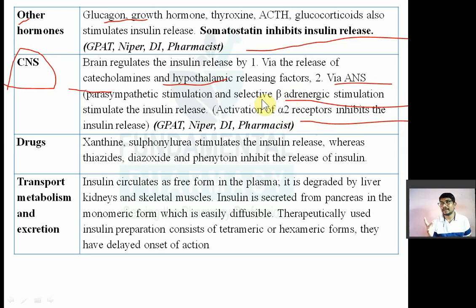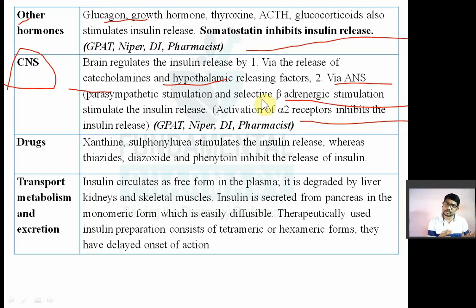Why? Because they are blocking the beta receptor, particularly non-selective beta blockers like propranolol, labetalol, etc. They will not only block the beta 1 receptor, they will also block the beta 2 receptor. Now this beta 2 receptor is present on the pancreas. Stimulation of the beta 2 receptor increases the insulin release.